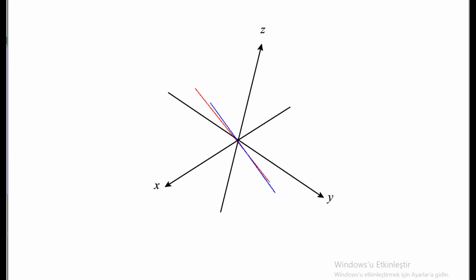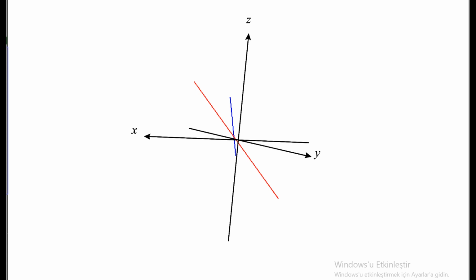Okay, these two lines, but they do not intersect each other.